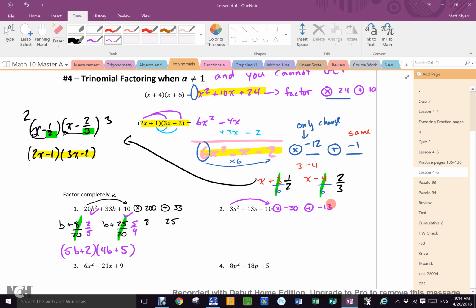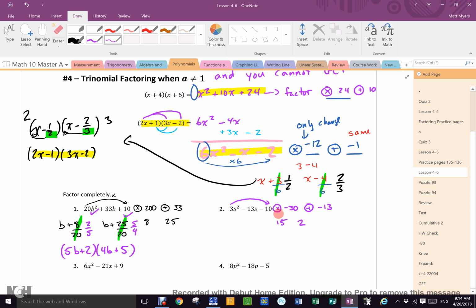Yes, it is 2 and 15, isn't it? Right? Because 10 and 3 will not get me to negative 13 and keep that negative, will it? So it has to be 15 and 2. Which one of those will get me negative 13? Negative 15 plus 2, correct?